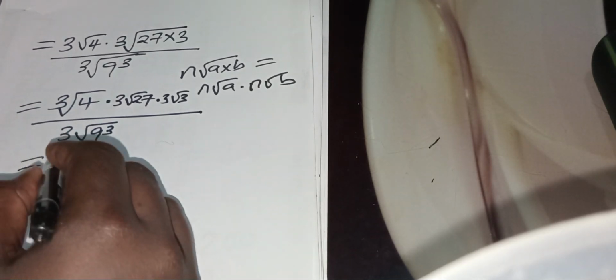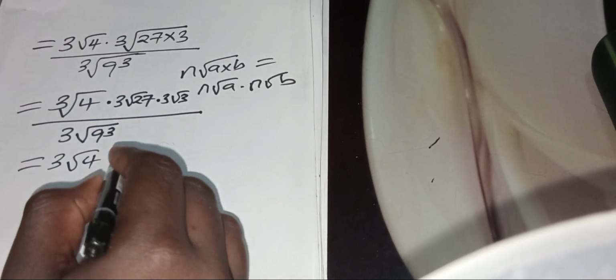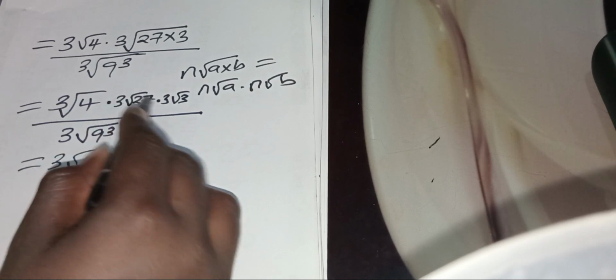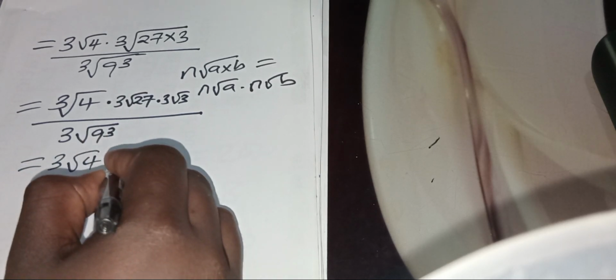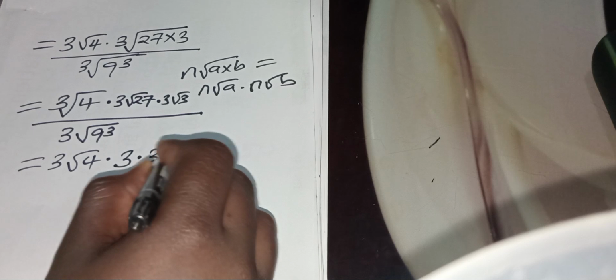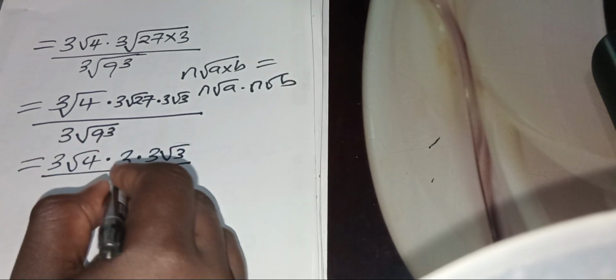And this is actually equal to 9. So this is equal to 3 multiplied by the cube root of 3 divided by 9.